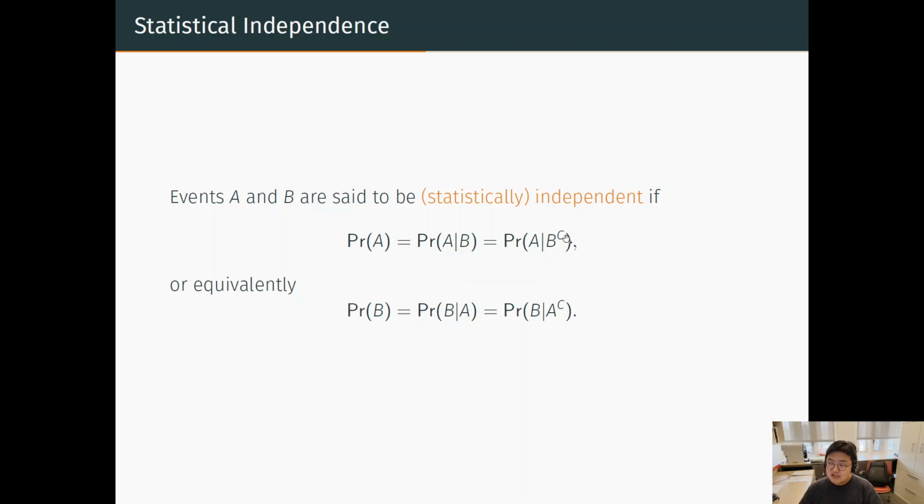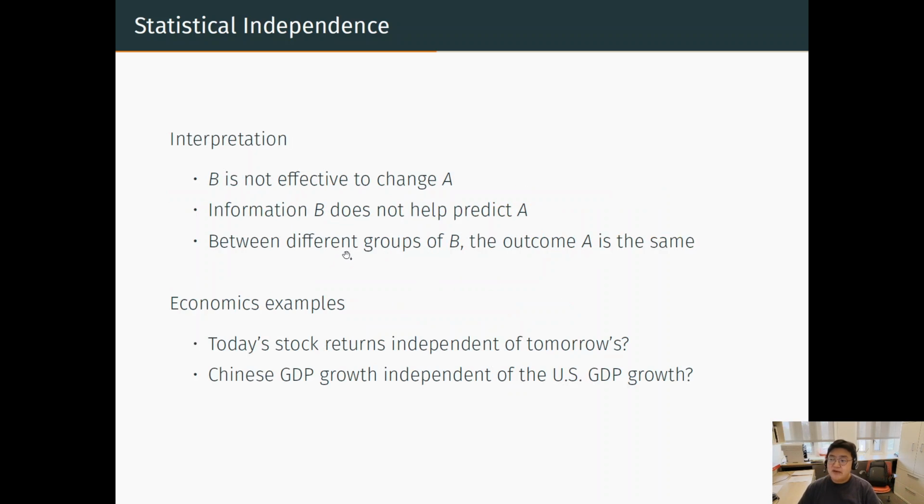So this is a special case where the probability of an event is independent of conditioning on the other, right? No matter what happened to B, A's probability is the same. Let me give you an example why it is important.